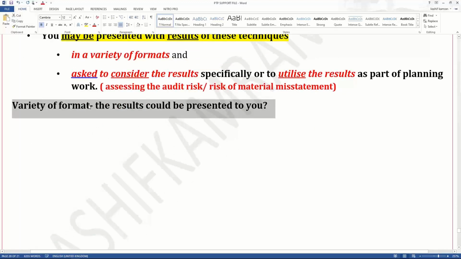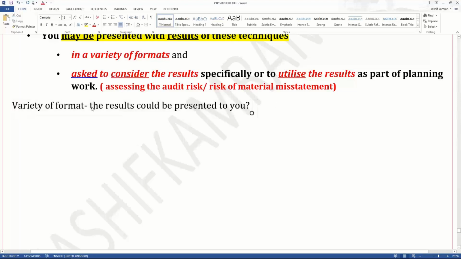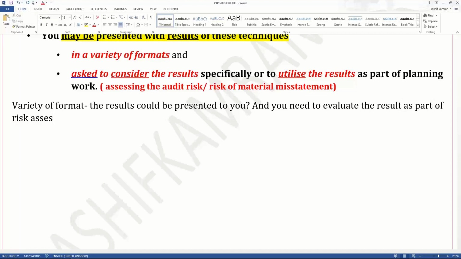And when I see this statement, that the results could be presented to you and you need to evaluate the results as part of risk assessment, this is what I understand as a tutor. Question number 1. The only suspense here is the variety of forms in which the results could be presented.